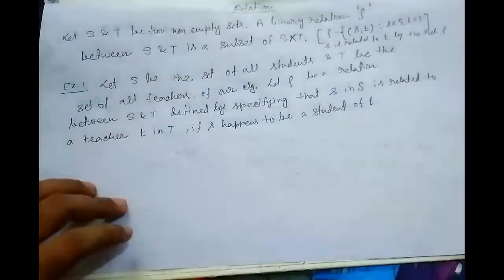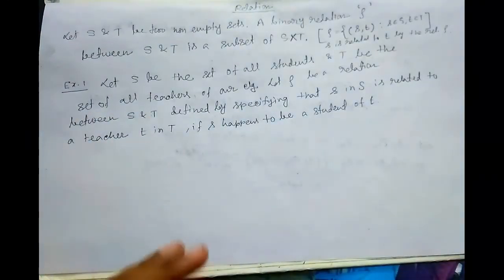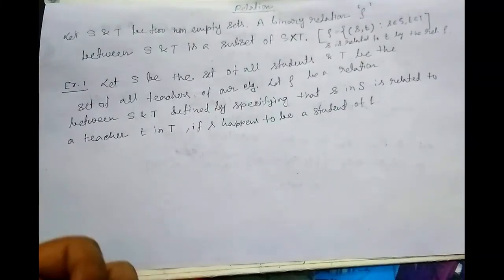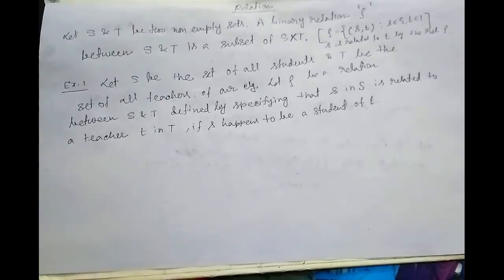Okay, say if s belongs to capital S and small t belongs to capital T, then (s, t) is an ordered pair of S cross T, Cartesian product of S cross T, and we call the ordered pair (s, t) as s is related to t by the relation rho.